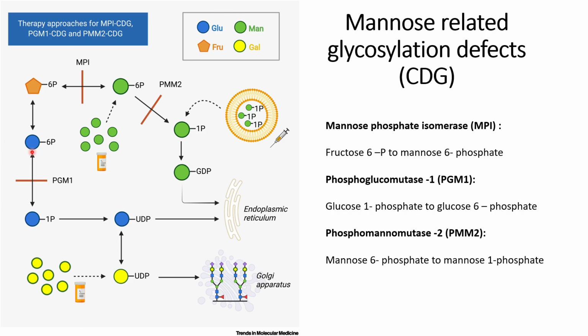In order to overcome this, one of the approaches is to provide this glucose 6 phosphate directly via oral injection.